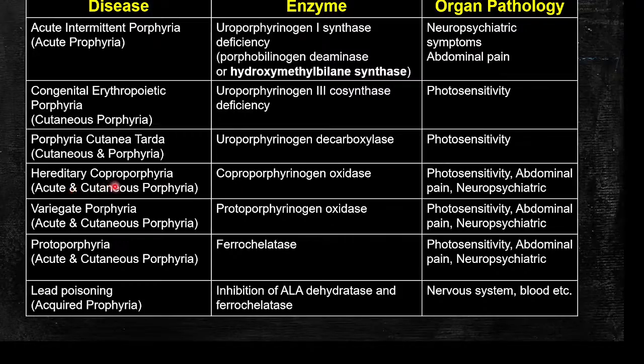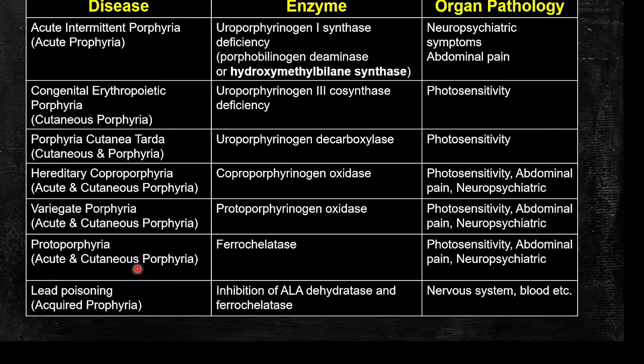Hereditary coproporphyria is due to coproporphyrinogen oxidase enzyme deficiency. This will cause photosensitivity, abdominal pain, and neuropsychiatric disorders. Variegate porphyria is because of protoporphyrinogen oxidase enzyme deficiency. This will cause photosensitivity, abdominal pain, and neuropsychiatric disorders.